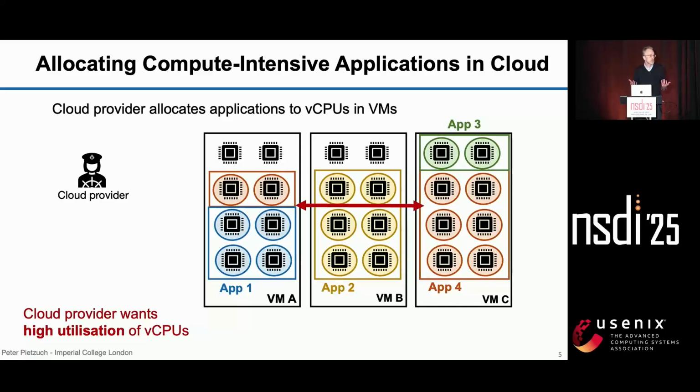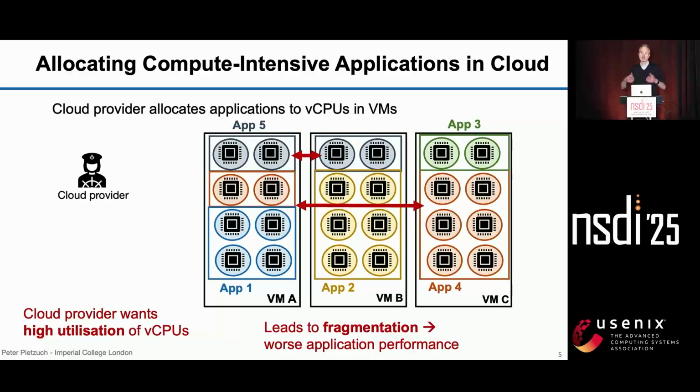They want to do this because they want to achieve high utilization of the resources that they have. They will keep doing this, allocating applications onto the infrastructure, but this now introduces fragmentation for those applications because they are now split across VMs and there will be communication over the network, and that then results in worse performance.